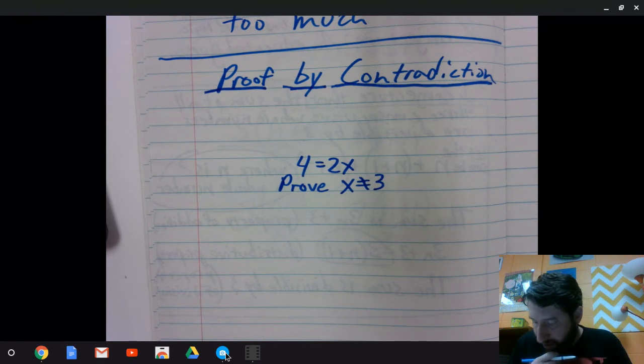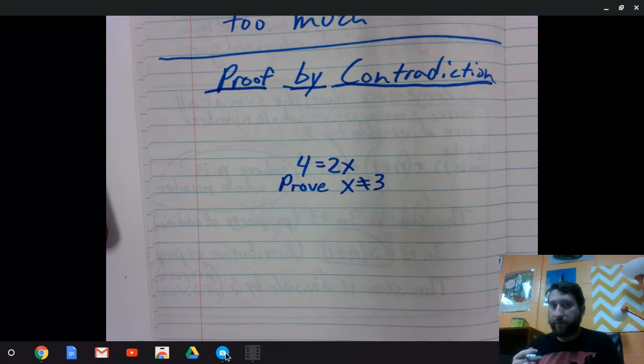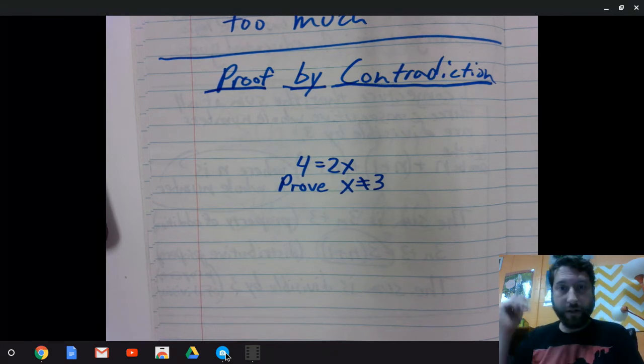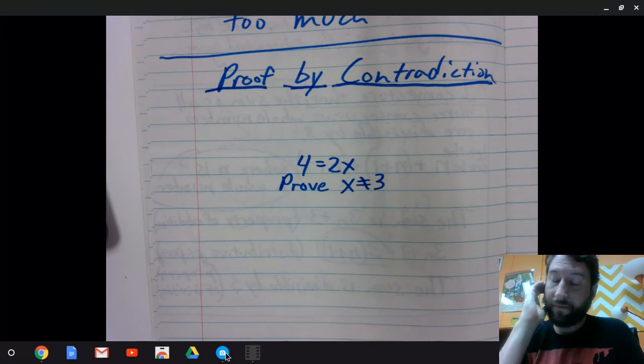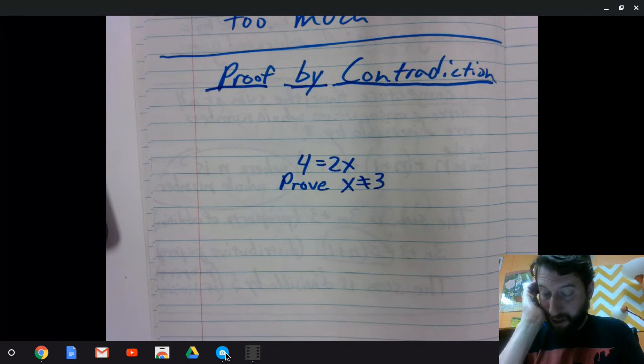Think of it like this. Suppose you say I can lift a car over my head. That doesn't make any sense, does it? You can't lift a car over your head. But you could use a proof by contradiction to do that. You could say, well, try to lift it.